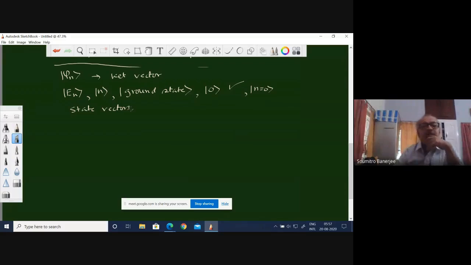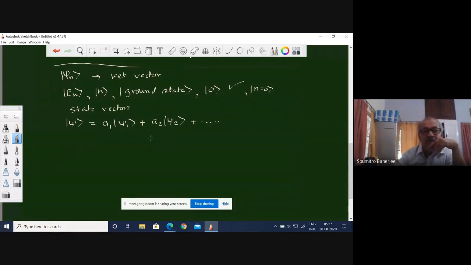Now, if we can define state vectors like these, then we can also define the state psi, the wave function, as a vector: a1 psi1 plus a2 psi2 plus and so on. I'll not put the small psi because now I'm talking about the time dependent things, so I'll just put it as capital Psi.